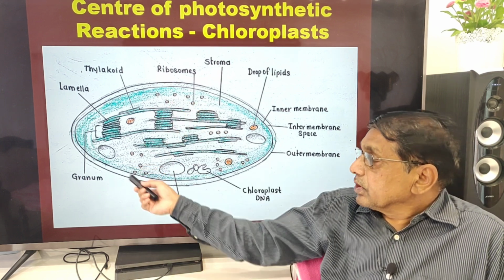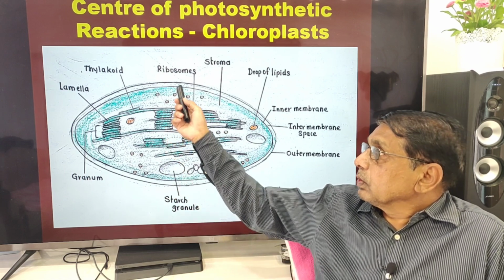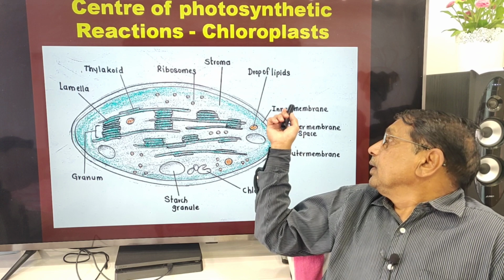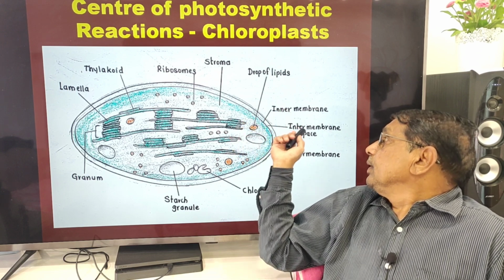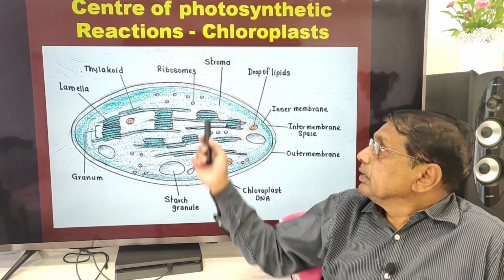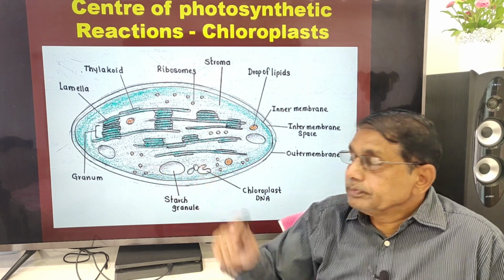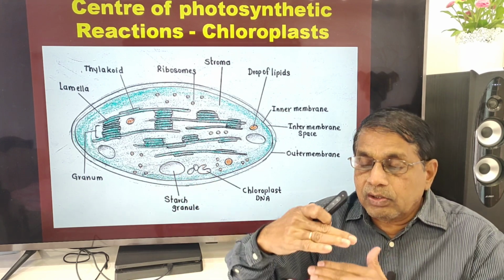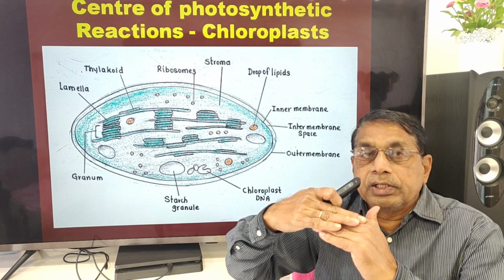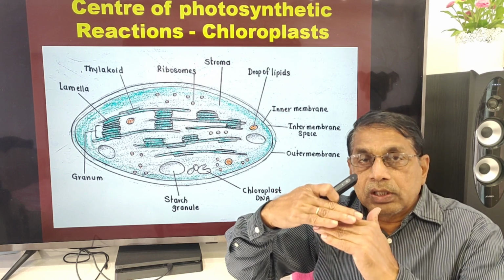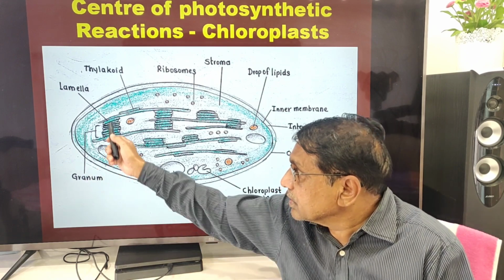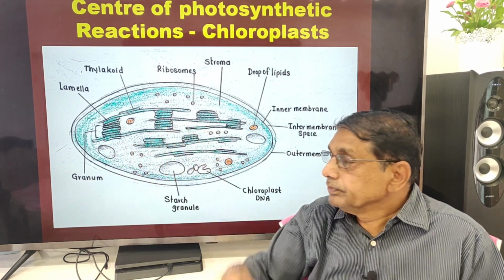Thus, this is the structure of the typical chloroplast. Two membranes, outer membrane and inner membrane, then the intermembrane space, and this is the stroma. At certain places thylakoids are stacked one above the other. These regions are called grana. A single one is a granum.